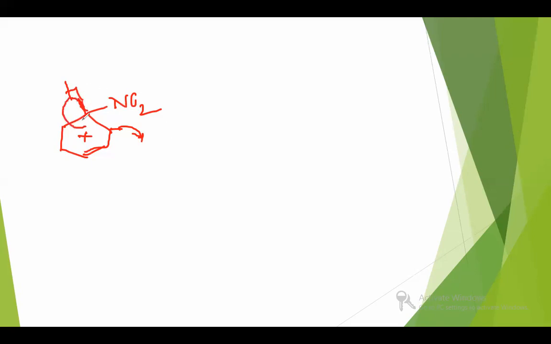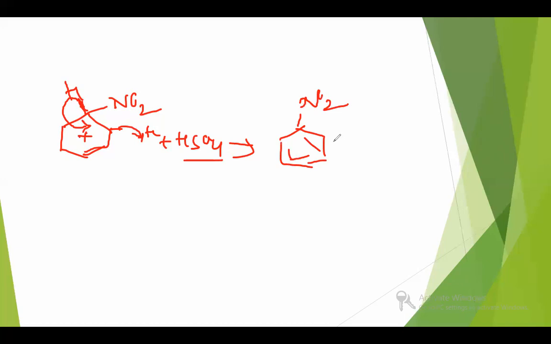Then this double bond shifts here. So I'll write plus HSO4 minus. This hydrogen is taken here and forms H2SO4.